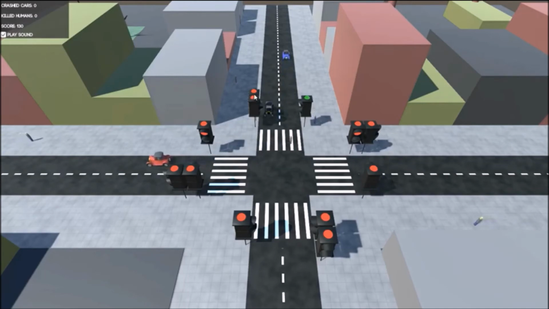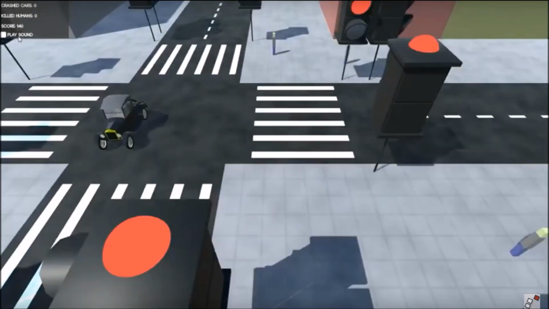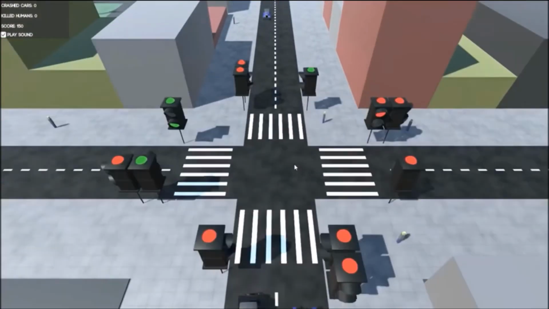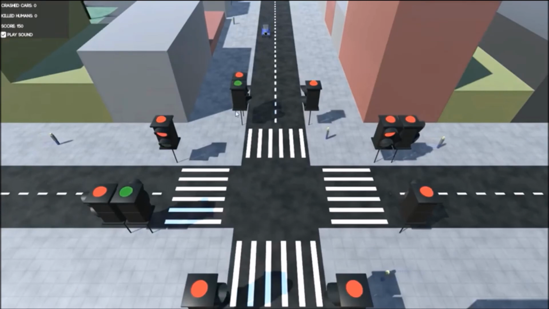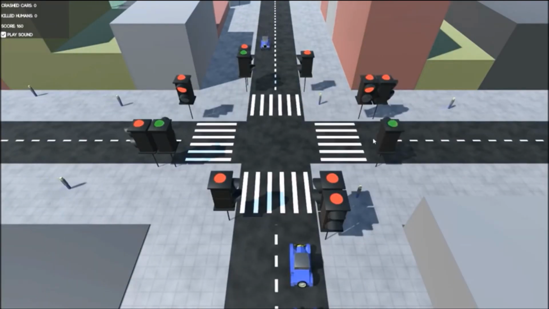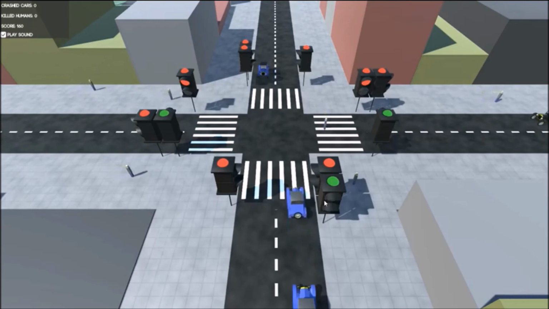Till now we have nothing. The traffic light is working in a clear way.